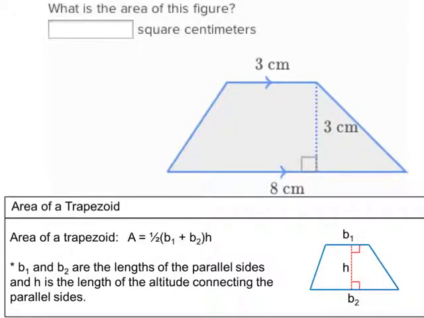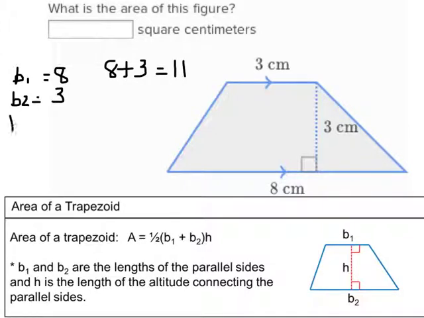Alright, so let's look at this one. The area of this figure in square centimeters, because it is area, so it's squared. Base 1 is 8. Base 2 is 3. 8 plus 3 is 11. The height is 3.